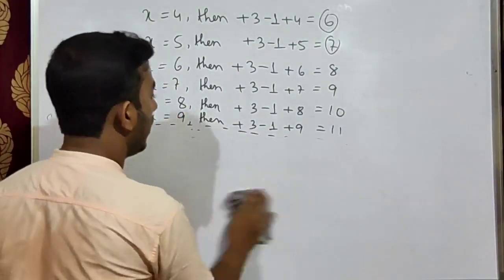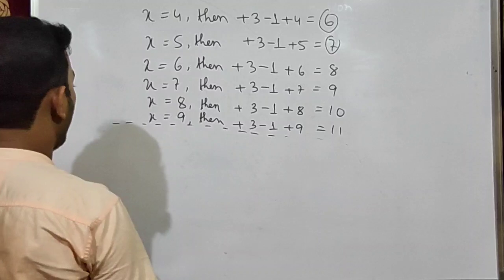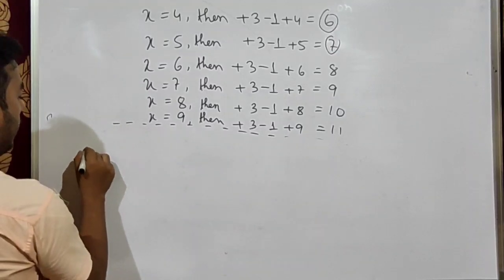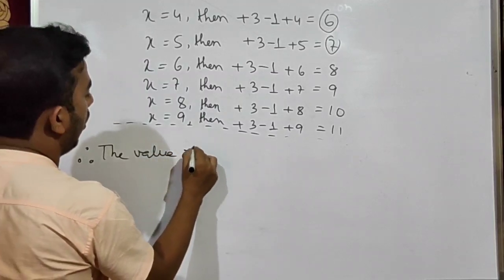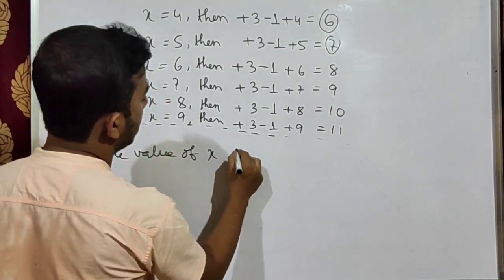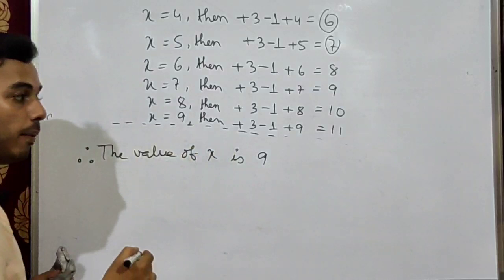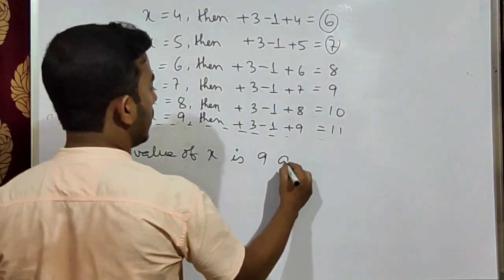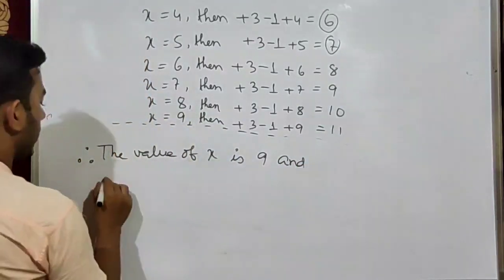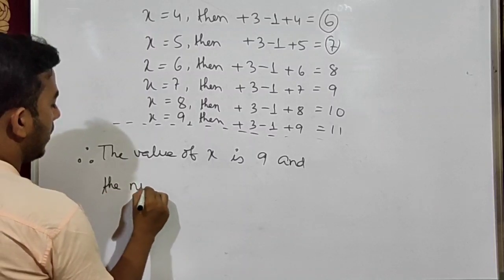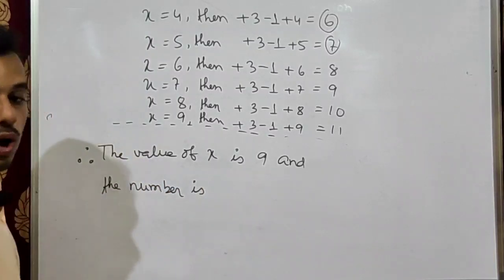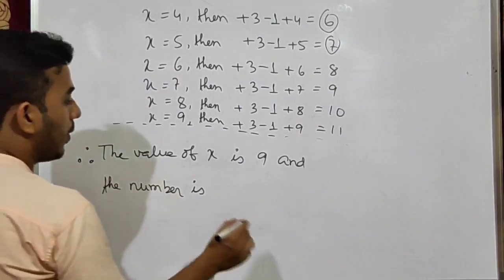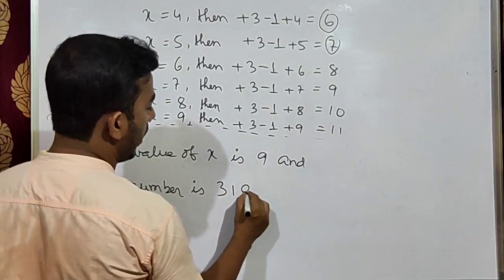So what will be the number? The number is 319, right? 319 it was, so it will be 319.